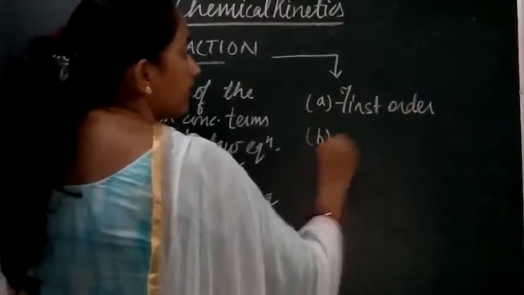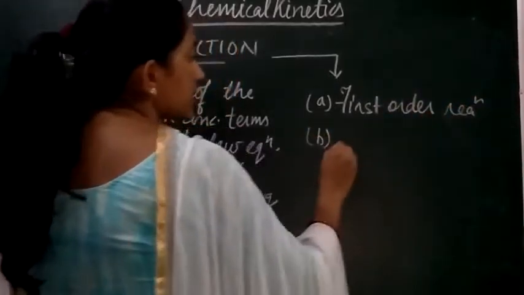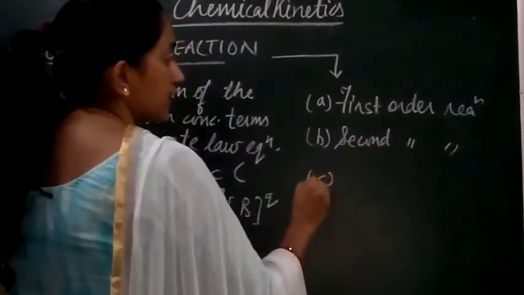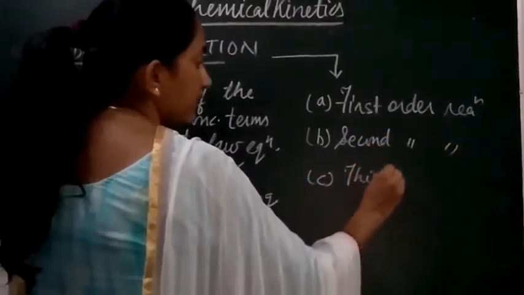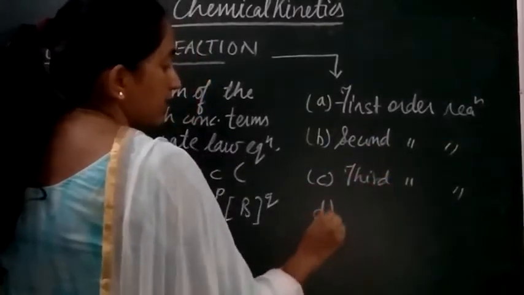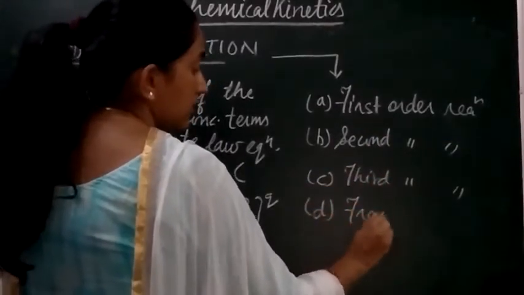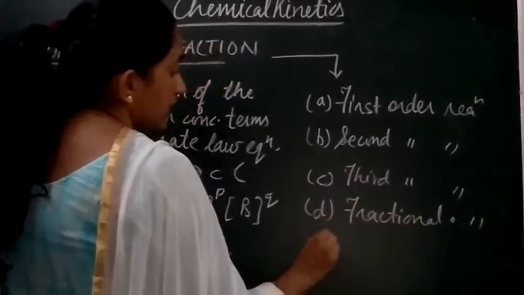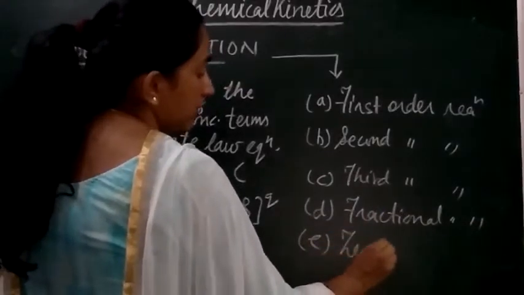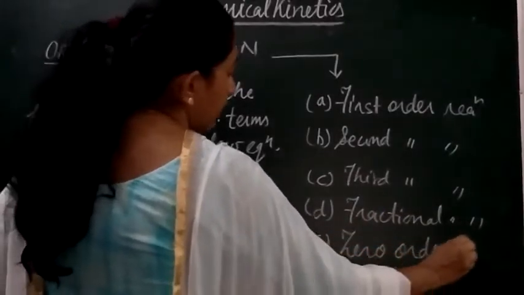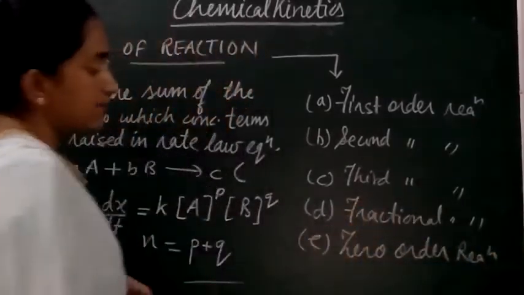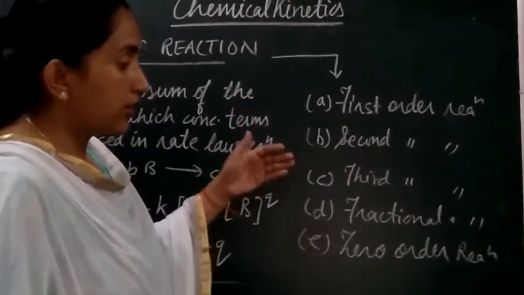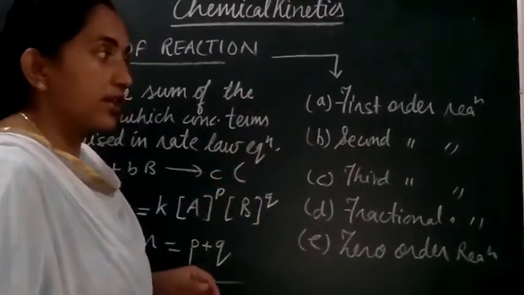It can be a second order reaction, it can be a third order reaction, or it can be a fractional order reaction, or it can be a zero order reaction. So students, the main types which we are going to study here are the first order reaction, second order, third order, and fractional and the zero order reaction.